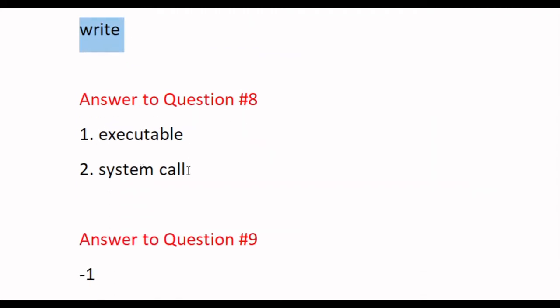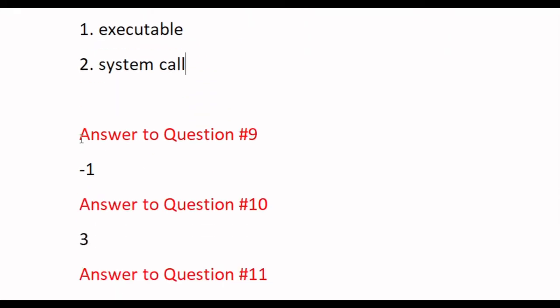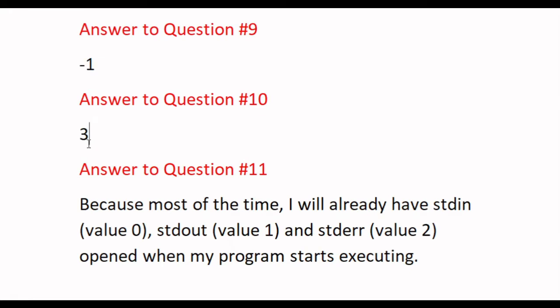Question number 8 has 2 answers as well, executable and a system call. The question number 9 returns a negative answer, which is -1, so just mark it. This is the answer to question number 10, which has, after making a constant, it returns 3.